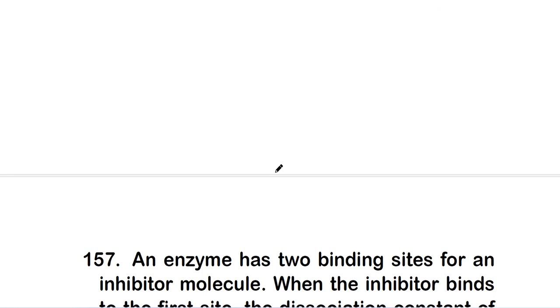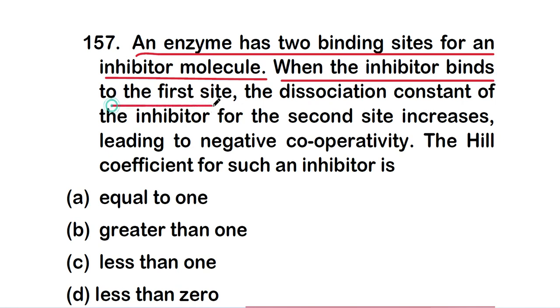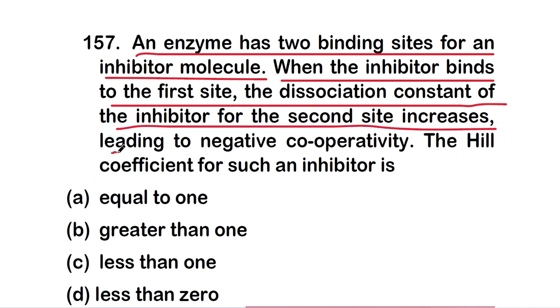Okay, so let's move on to the next one. An enzyme has two binding sites for an inhibitor molecule. When the inhibitor binds to the first site, the dissociation constant of the inhibitor for the second site increases, so that's leading to negative cooperativity.